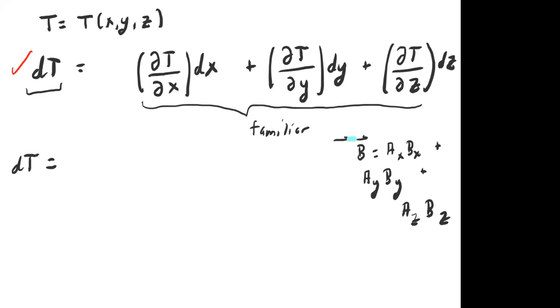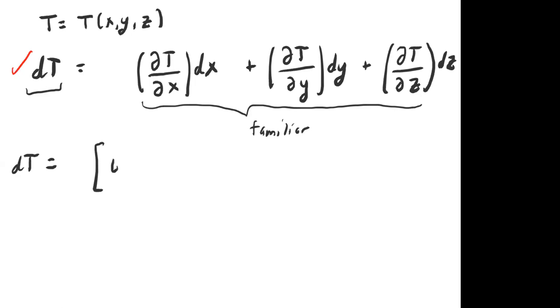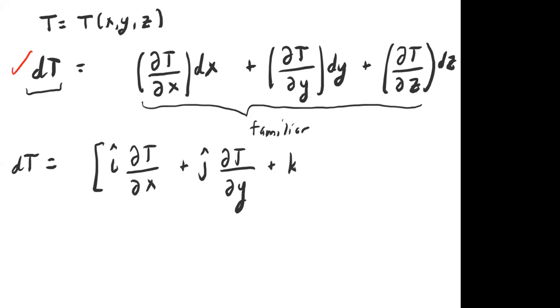So let me get rid of these guys. I've introduced this concept, I've used it, so I can discard it. Well, I'm going to break it up into two vectors. The first vector I'm going to call i hat partial of t with respect to x plus j hat partial of t with respect to y plus k hat partial of t with respect to z.